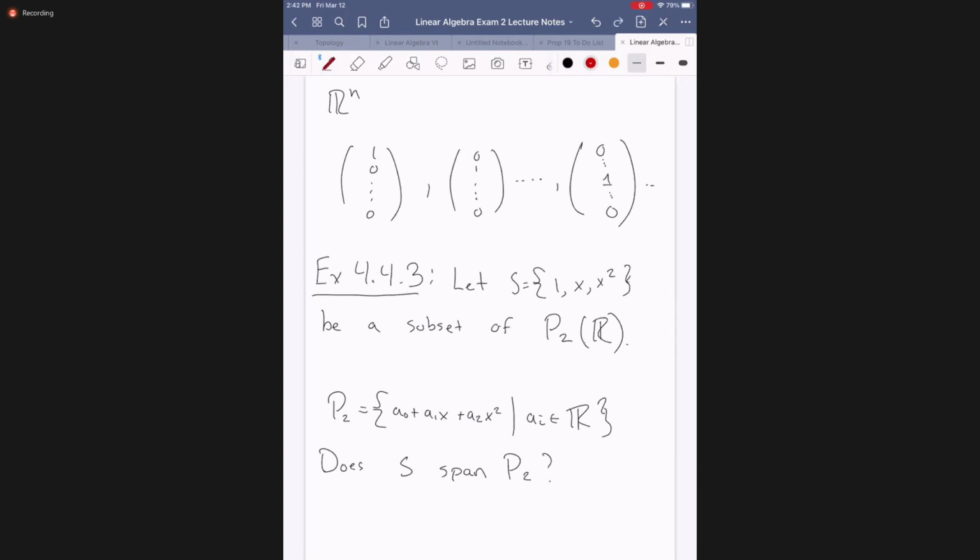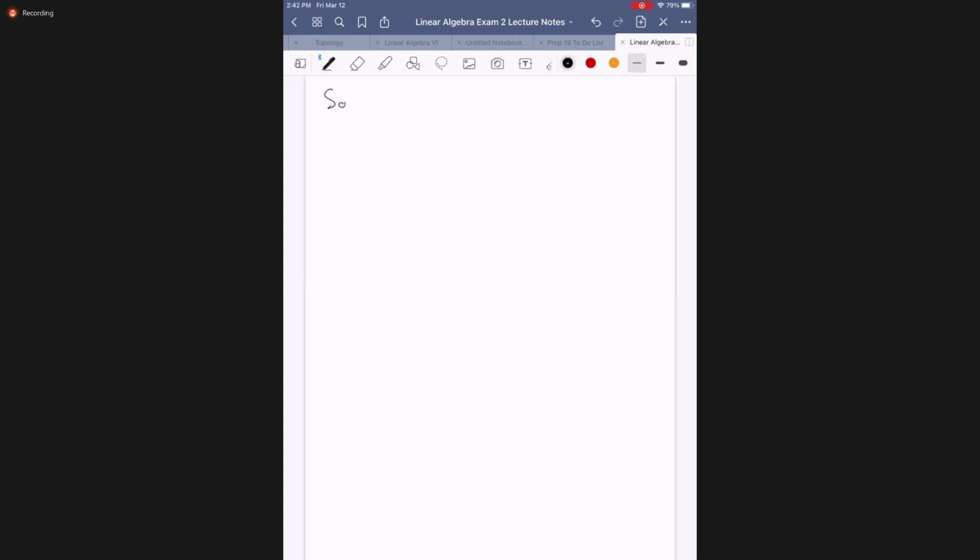Okay, so let's just look at an example. Let's say, just consider 1 plus 2x plus 3x squared. Can I write this as a linear combination of 1, x, x squared? Yes, the answer is yes.